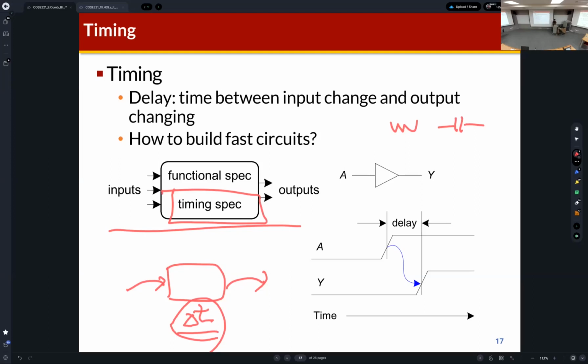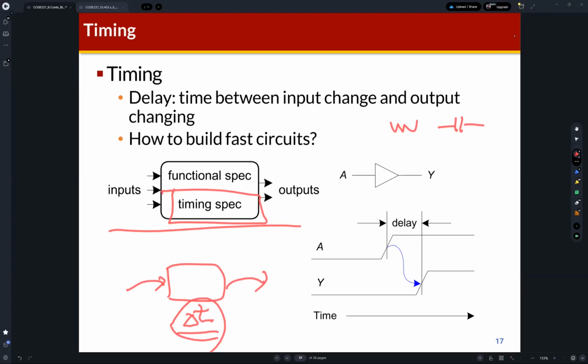So we can build combinational logic using CMOS transistors, which means electric circuits, and these factors determine the delays of the circuit. So we also need to define the timing specification of a combinational logic or digital module.